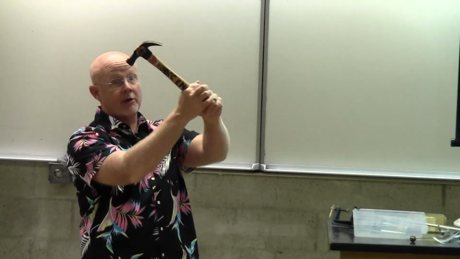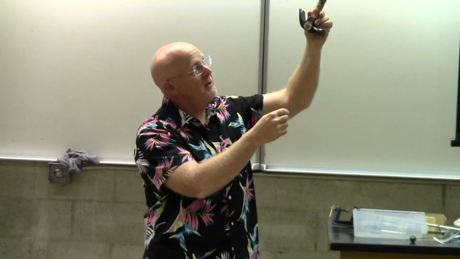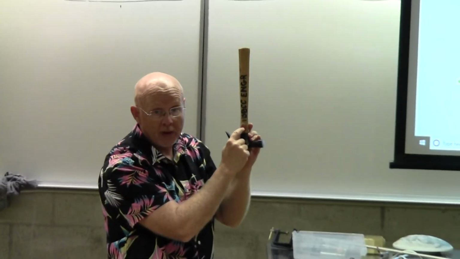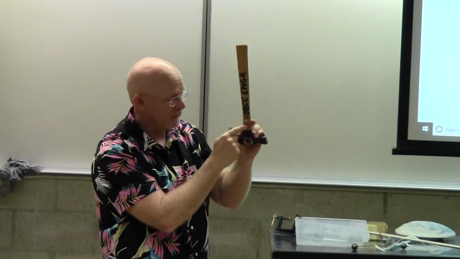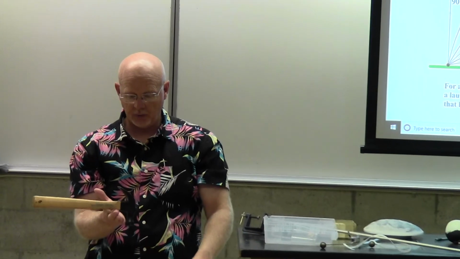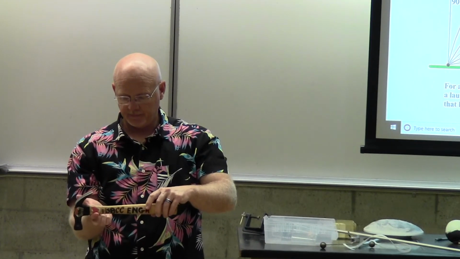That is, if I were to toss this hammer across the room, it would spin, and in our case, the magical point is right here. And what we mean by that is if you were to hold it at its magical point. Maybe I should have turned it to you.